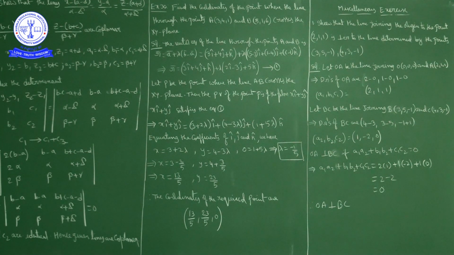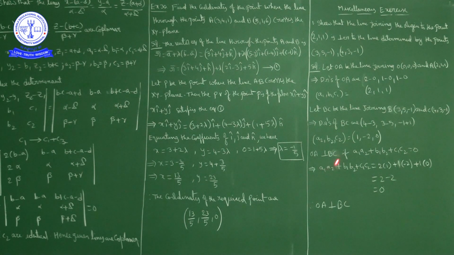Now line OA is perpendicular to BC if A1 A2 plus B1 B2 plus C1 C2 is equal to 0, where the direction ratios of OA are A1, B1, C1 and the direction ratios of BC are A2, B2, C2. Now I will calculate A1 A2 plus B1 B2 plus C1 C2.